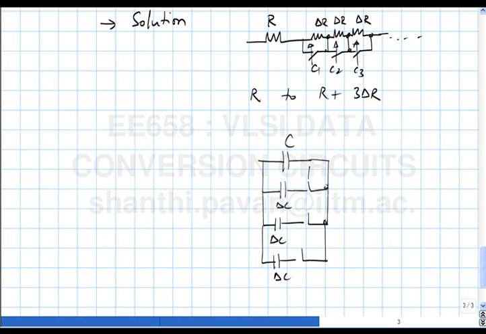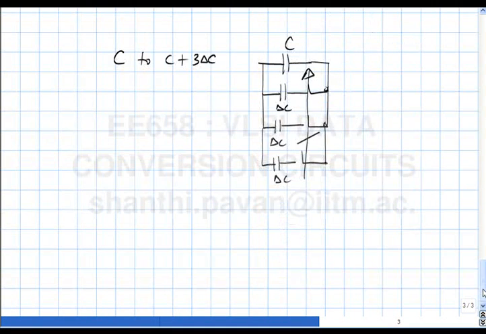This is again controlled by a digital word, and here the capacitance varies from C to C plus 3 delta C. Or you can have a combination of programmable R and programmable C. The next thing is what happens when the op-amp is screwed up.